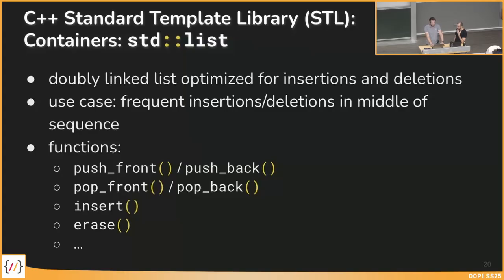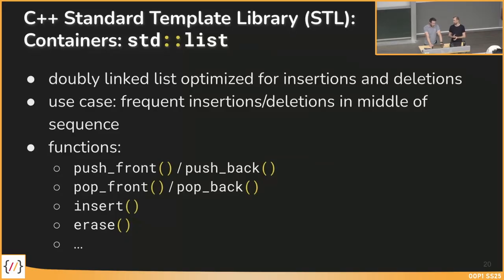It's a doubly linked list, and it's optimized for insertions and deletions somewhere in the middle of the list. So if you have many insertions and deletions, so many manipulations of your data in the middle of the sequence, then list is the better choice than the vector.